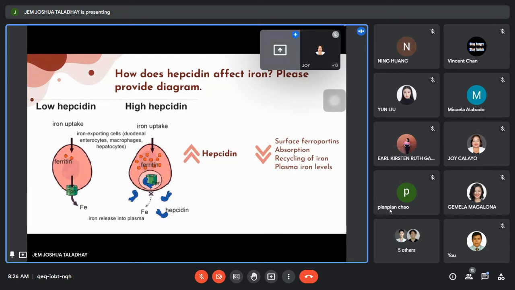In summary, if there are high levels of hepcidin, there are decreased surface ferroportins, leading to decreased absorption of iron and decreased recycling of iron from macrophages, leading to decreased plasma iron.